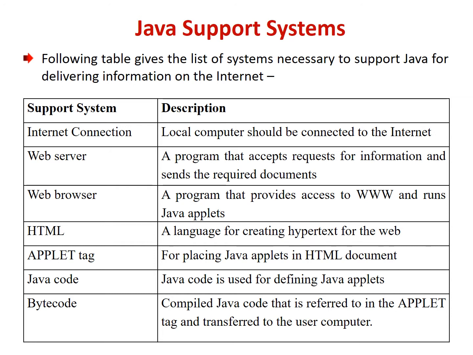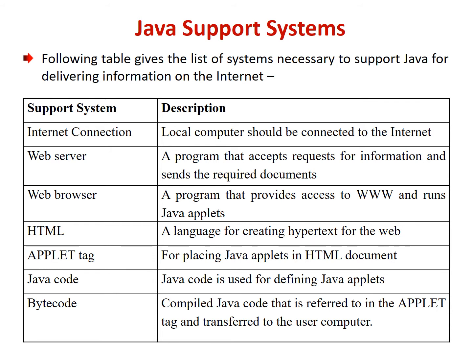Then the next is web server. Web server, it is a program that accepts requests for information and sends the required documents. Web browser, a program that provides access to www and runs Java applet. HTML, it is a language for creating hypertext for the web.